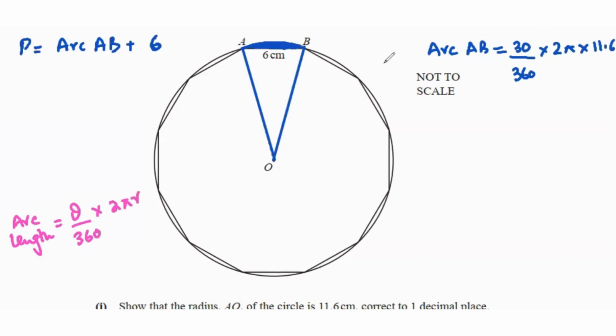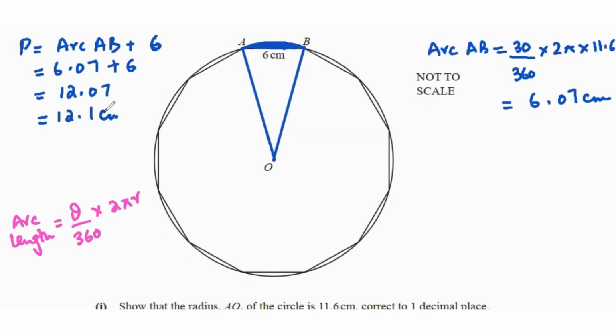R is 11.6, theta is 30. So we just substitute the values and solve it. So firstly, our arc length is going to be 6.07 centimeters. So we do 6.07 plus 6, which is going to give us 12.07, which can be rounded to 12.1 centimeters as well.